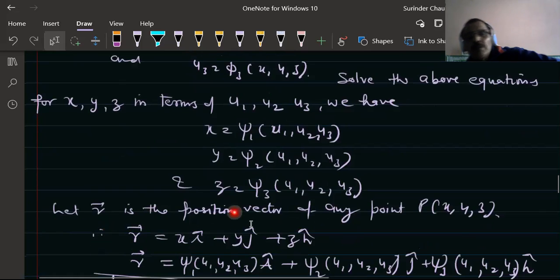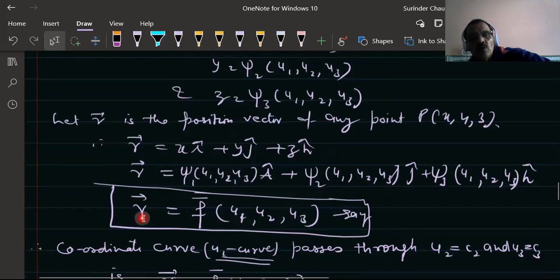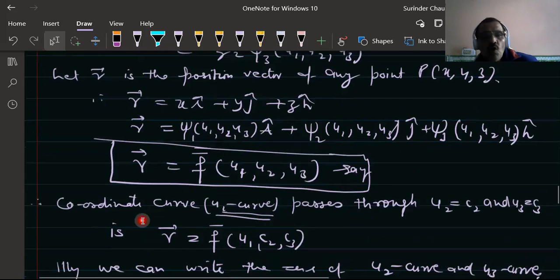Let the R vector be the position vector of any point P. Therefore, R is equal to xi plus yj plus zk. Now substitute the values in terms of u1, u2, u3, so R is equal to a function f vector of u1, u2, u3. The coordinate u1 curve passes through two surfaces, u2 equal to c2 and u3 equal to c3.